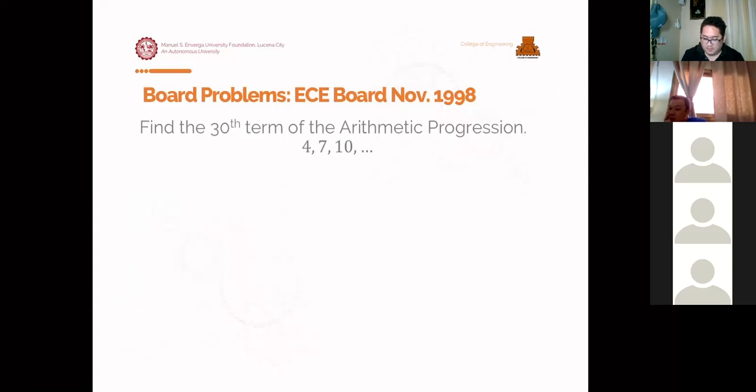Sabi niya arithmetic progression siya pero we have to check. So, 7 minus 4 is 3. 10 minus 7 is 3. So, may common difference siya, so d is 3.